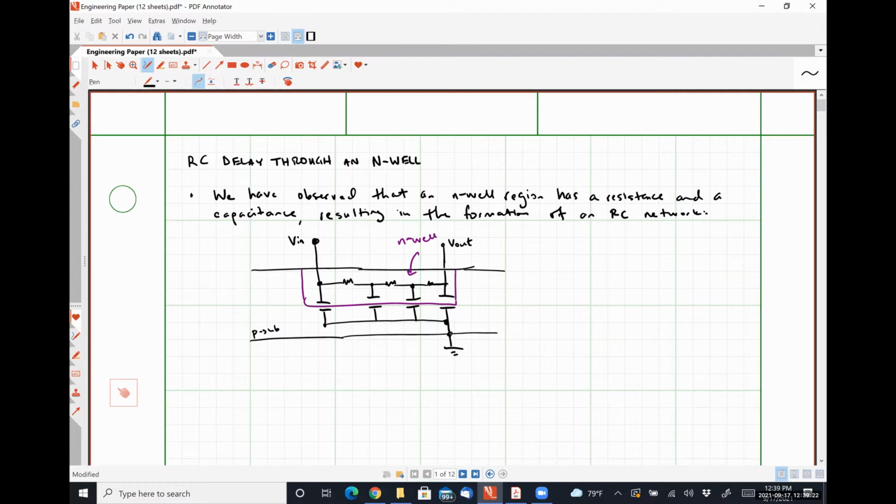They are at ground potential, since my substrate is usually ground. So I have my N-well resistance being represented by each of these resistors, and then I have my depletion capacitance being represented by all of those capacitors. Okay.